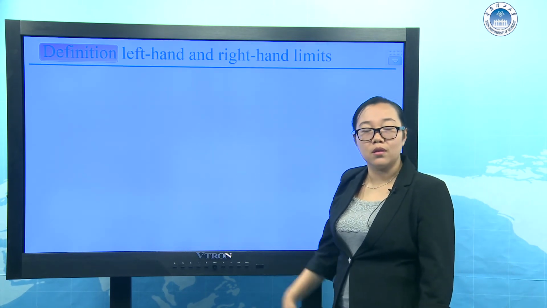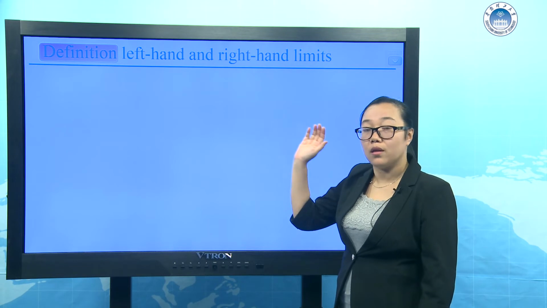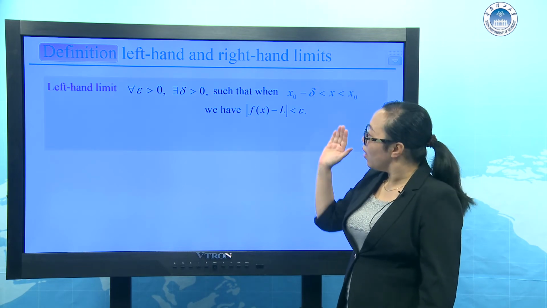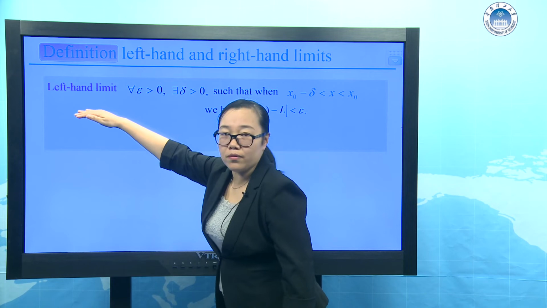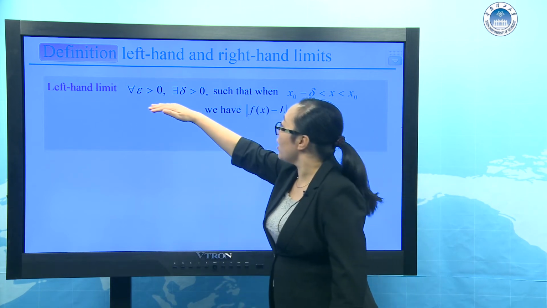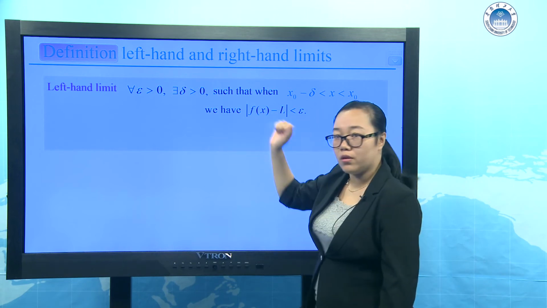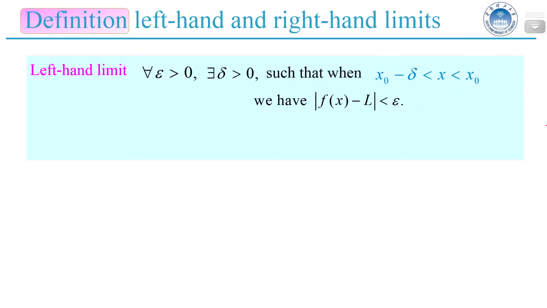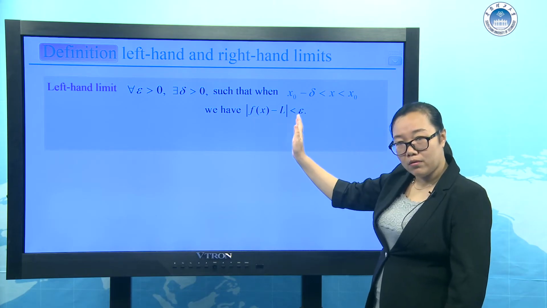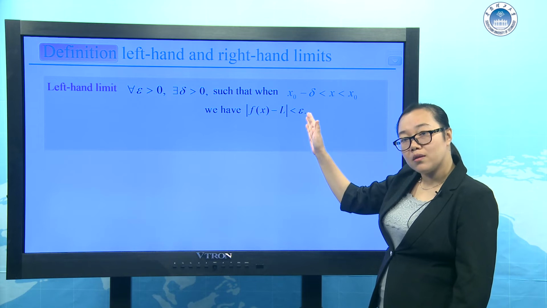Now look at the definition, left-hand and right-hand limits. Look at this, the left-hand limit. For any epsilon greater than 0, there exists delta greater than 0, such that if x is between x0 minus delta and x0, this means x lies in the left neighborhood, we always have the absolute value of f(x) minus L less than epsilon.